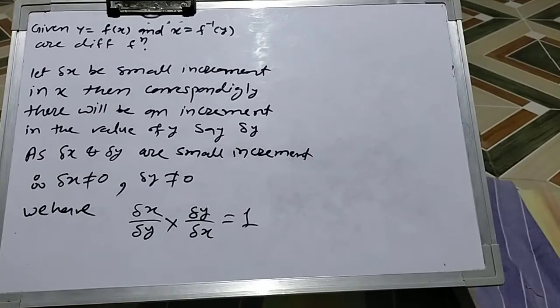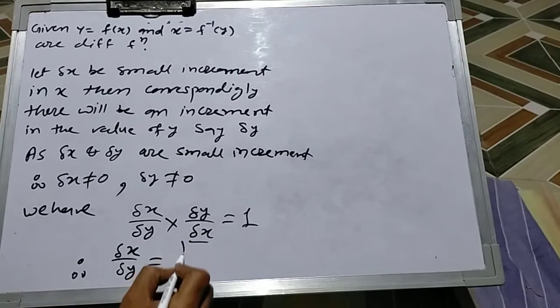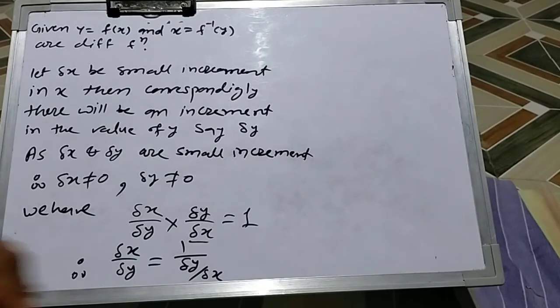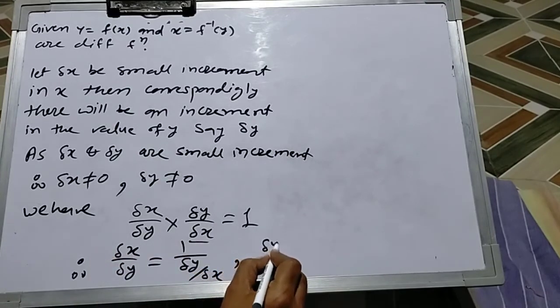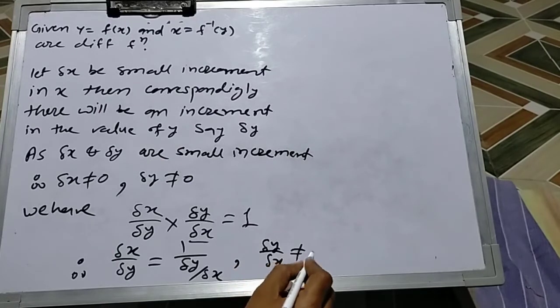Left hand side equals 1, which equals the right hand side. So we transfer the second term to the right hand side. Therefore delta x divided by delta y equals 1 divided by delta y divided by delta x, where delta y by delta x is not equal to 0.